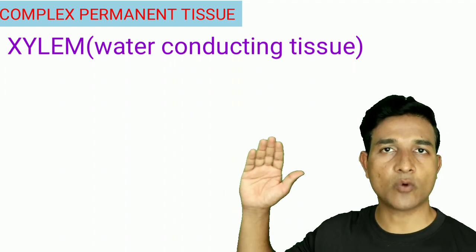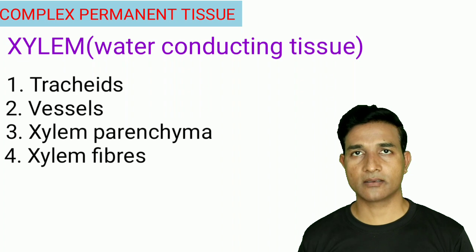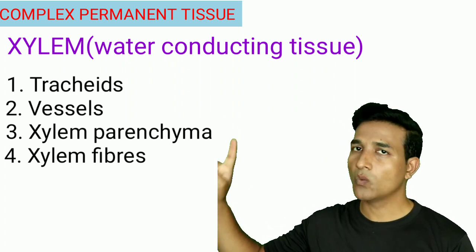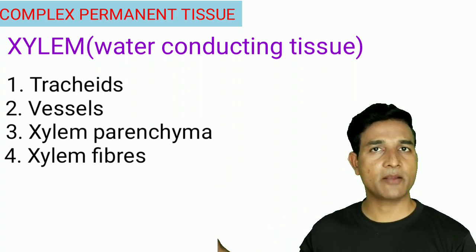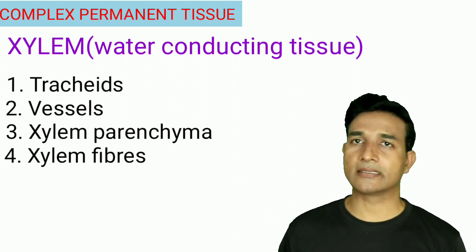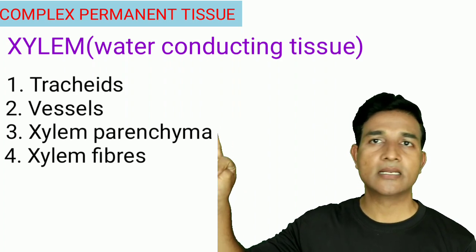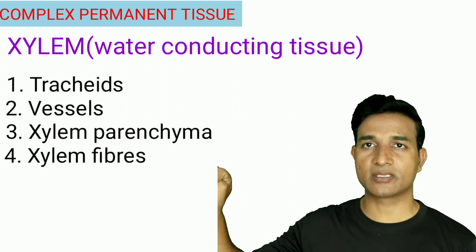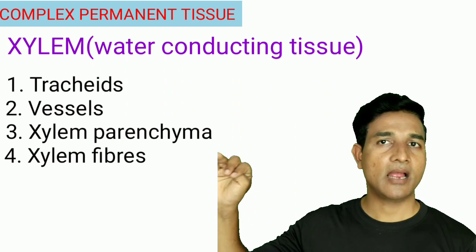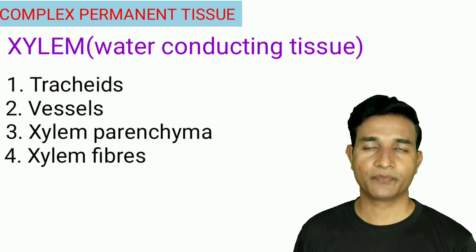So xylem is water conducting tissue. It's made up of four types of cells: tracheids, vessels, xylem parenchyma, and xylem fibers. Tracheids, vessels, and xylem fibers are dead cells, and xylem parenchyma is the only living cell.